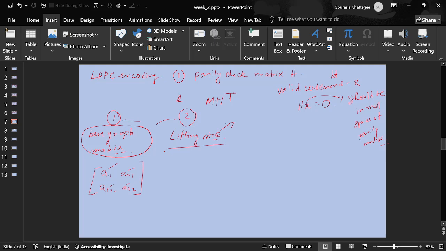Let's talk about base graph 1. It applies to base graph 2 also, but as of now you can talk about base graph 1. It's a fixed number. Since we are talking about systematic columns, you are saying the number of columns is fixed. So is the number of rows fixed also?